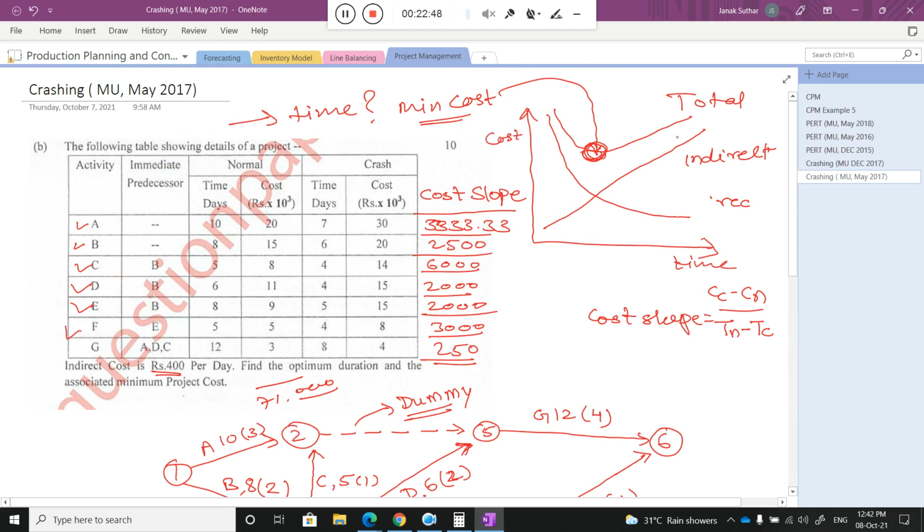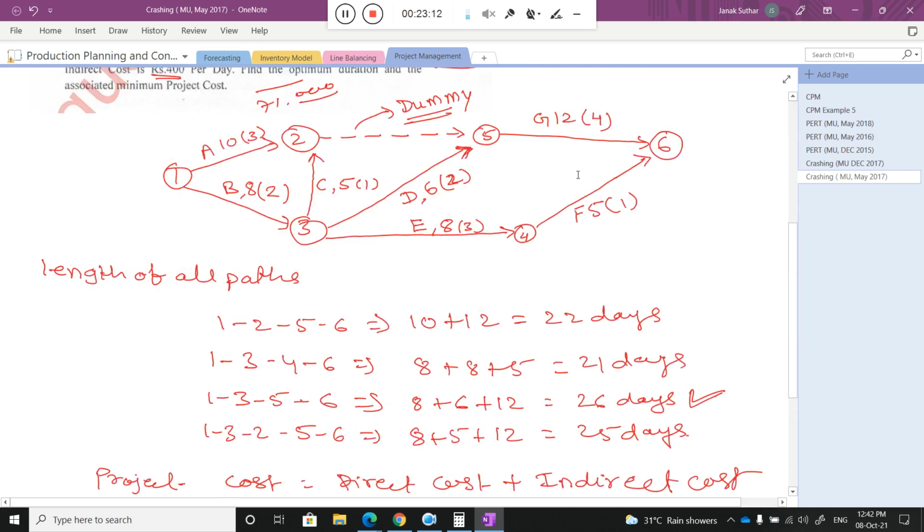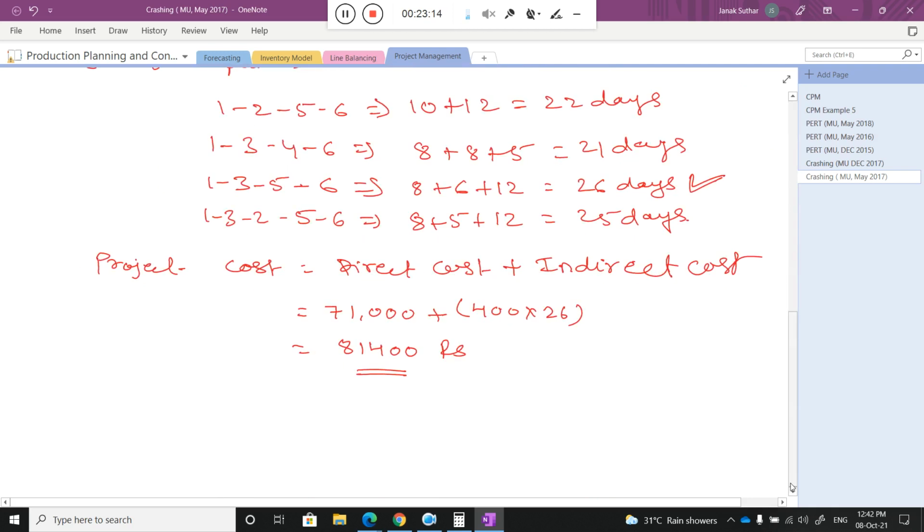Assume that I am here at 26 days. Maybe this cost is high, and if I reduce by some days, I will reach this particular point, and you can say my time is saved as well as my cost is also saved. You save both time and cost, and as a project manager it is needed, right?